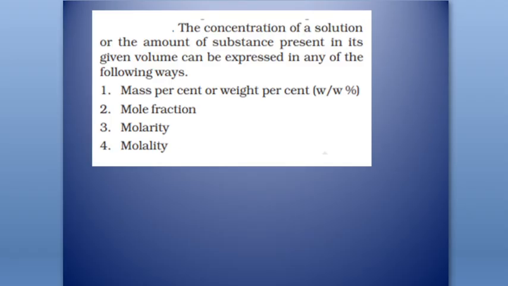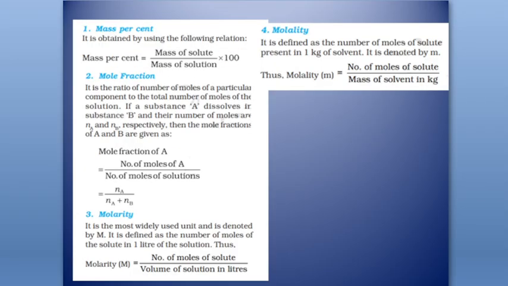With these four we can measure the strength of the solution of the chemical substance. So mole fraction is equal to number of moles of A divided by number of moles of the solution, that is Na divided by Na plus Nb.